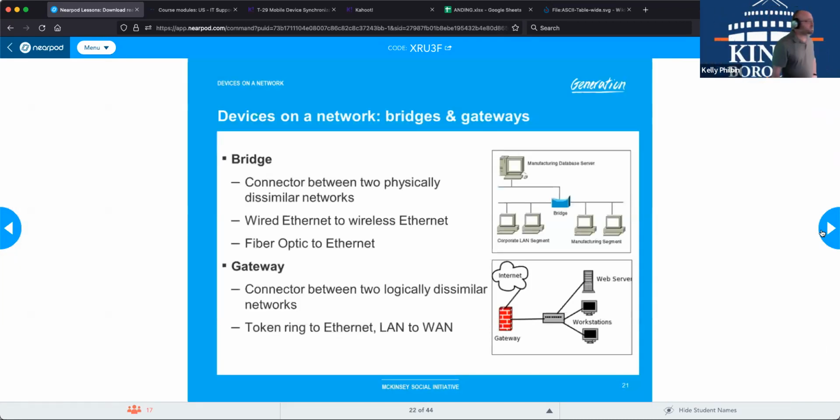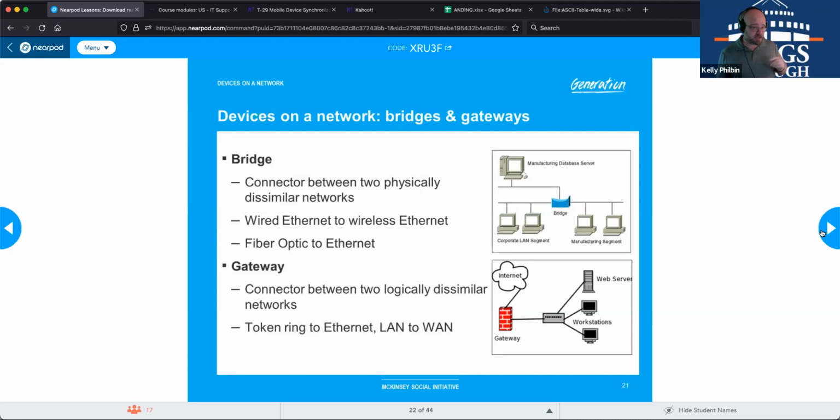Next. Bridges. This one always confused me because I always had trouble with bridges and routers. Bridges connect between two physically different or dissimilar networks.